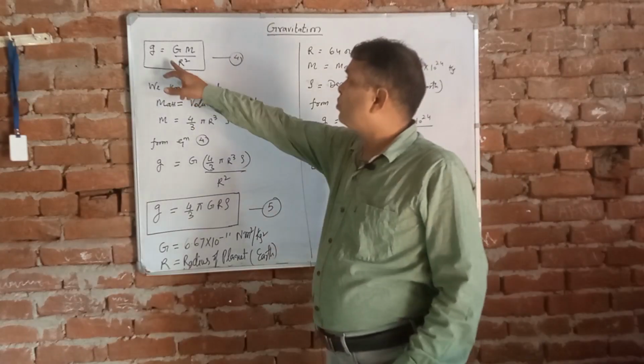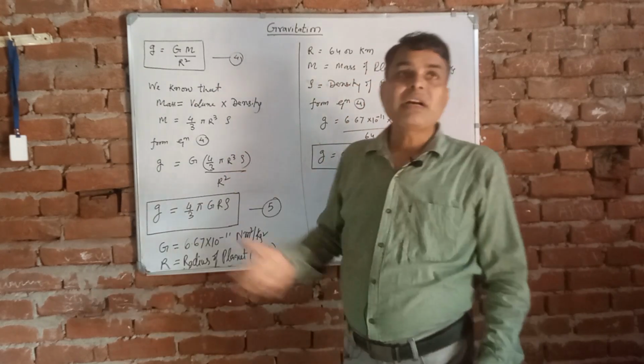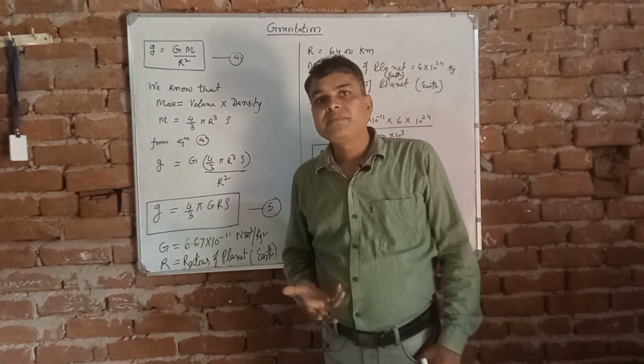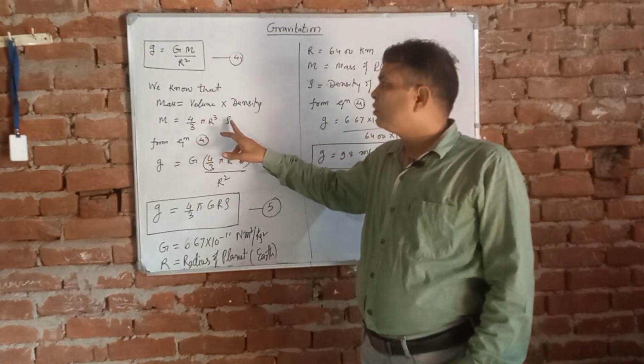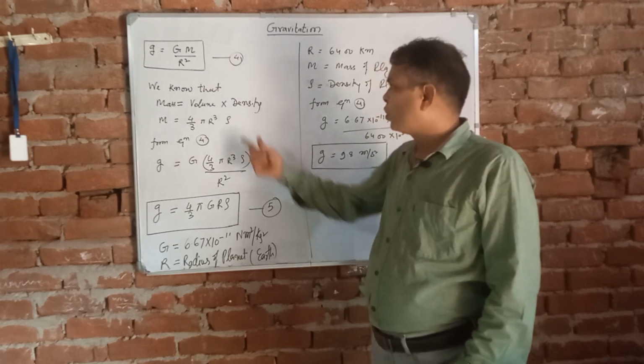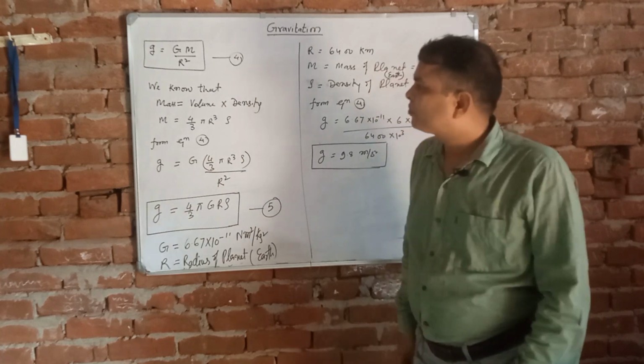We have derived g equal to G M by r square. We know that mass equal to volume into density. Volume is 4 by 3 pi r cube, times rho. Rho is the density, r is the radius of the earth.